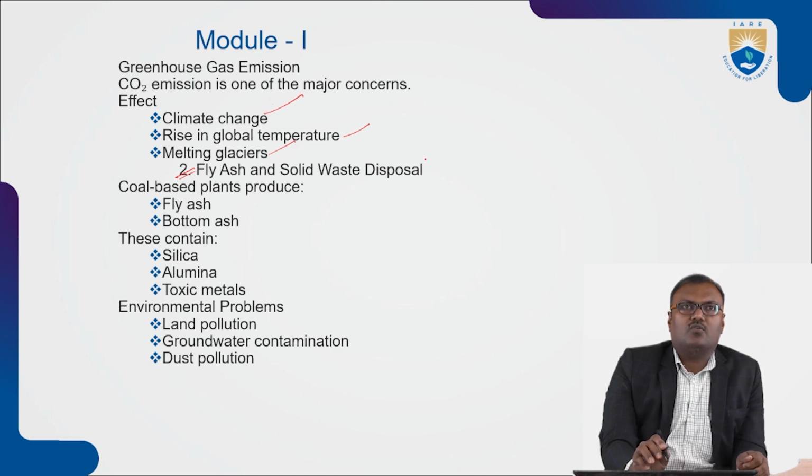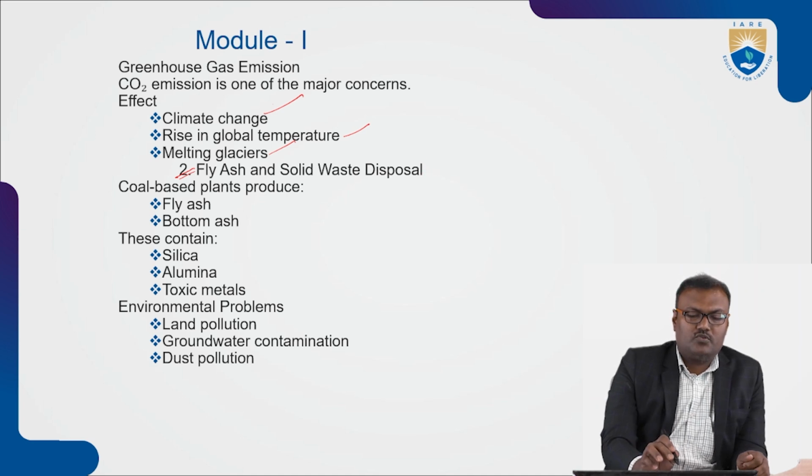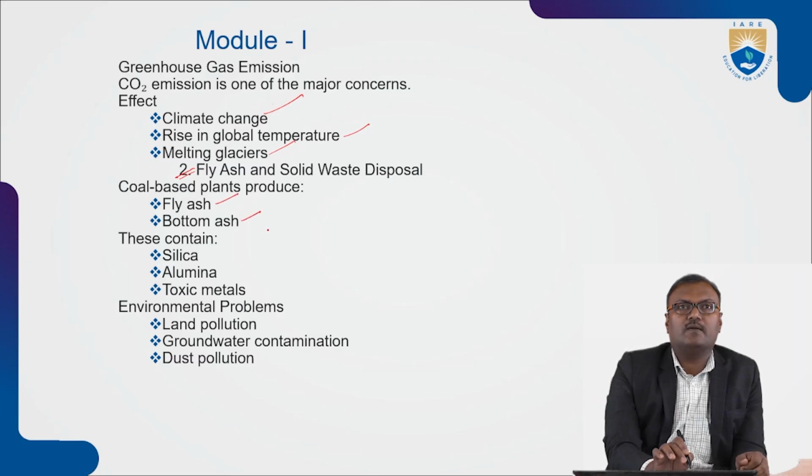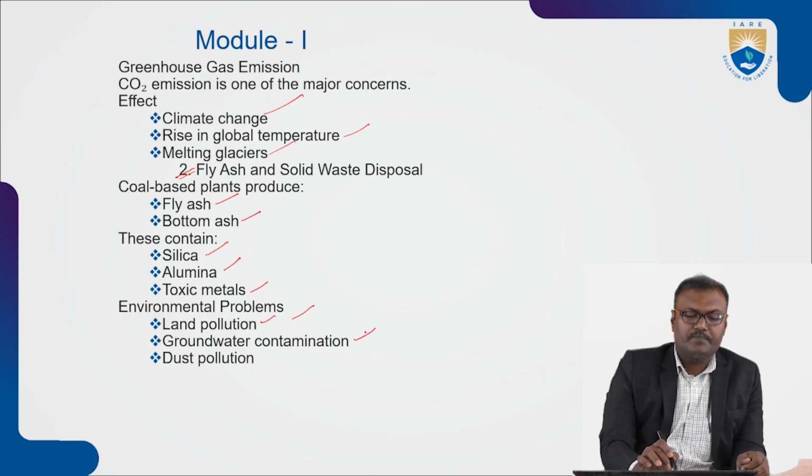Coal-based power plants produce fly ash as well as bottom ash, so we need to provide an ash disposal system separately. These contain silica, alumina, and toxic materials. The environmental problems are land pollution, groundwater contamination, and dust pollution.